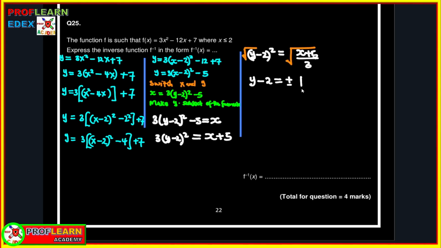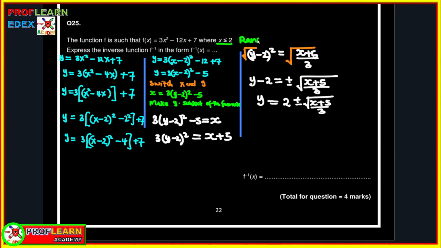Here we are going to have plus or minus that, which means that if we take 2 to the other side, we shall have this, which will mean that for us to write the inverse, we cannot have 2 signs, plus or minus. So we have to decide, are we using minus or are we using add? To decide that, we need to go to the domain that was given.